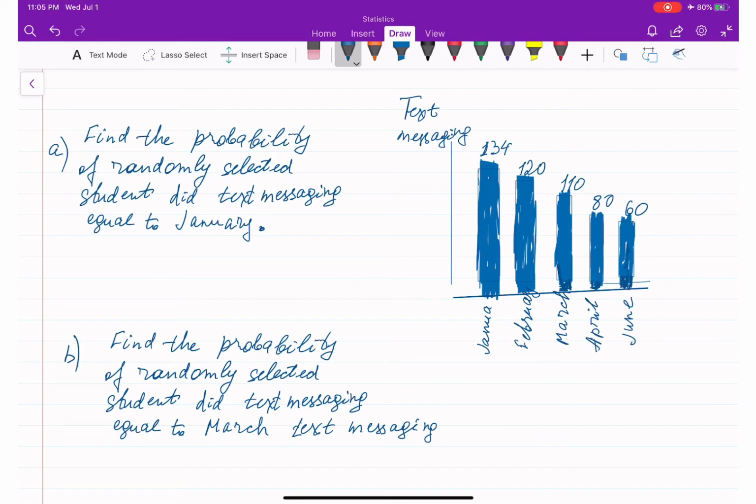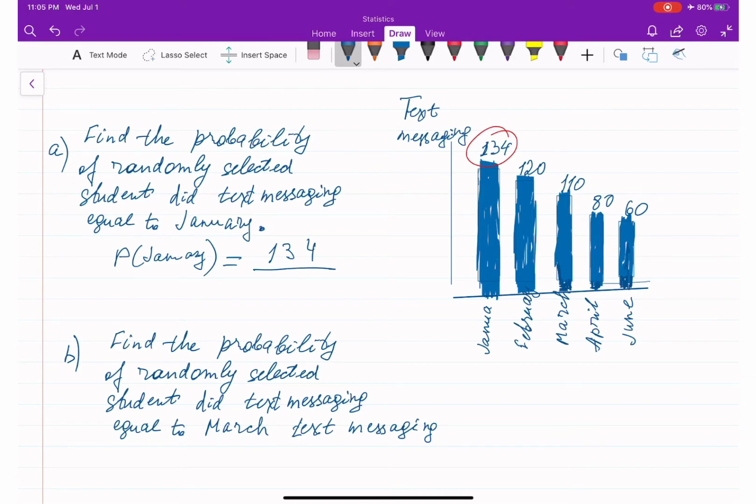So, for January we have probability for January. So for January we have 134 over, how much is all this total? Let me see real quick.